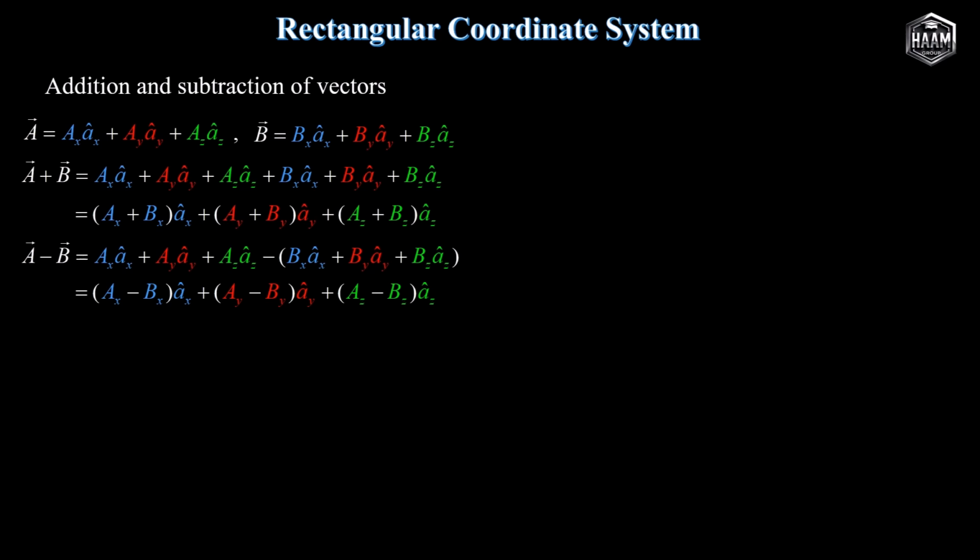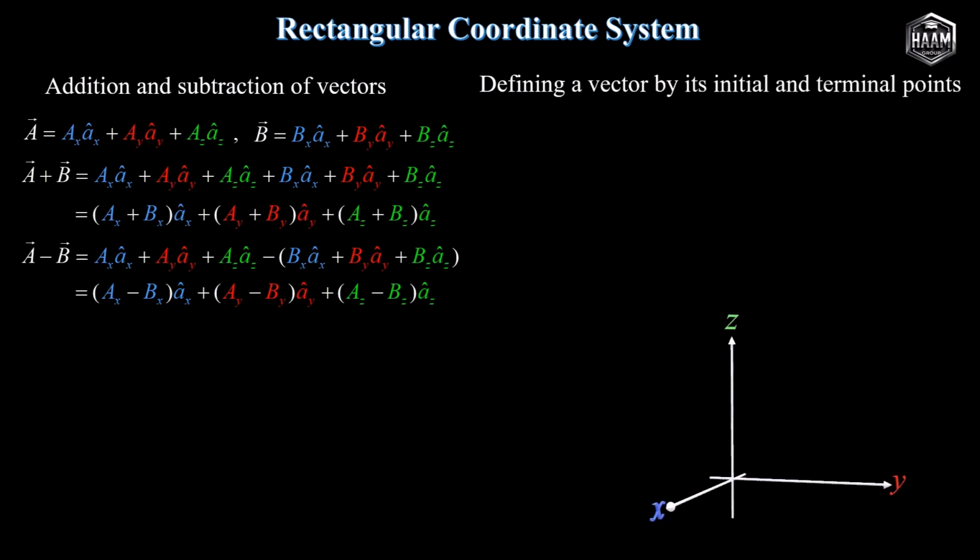Defining a vector by its initial and terminal points. It may occur that a vector in three-dimensional space within the rectangular coordinate system does not originate at the origin of coordinates.